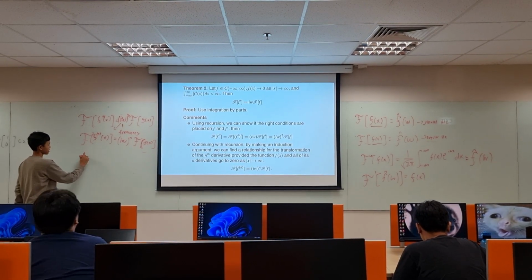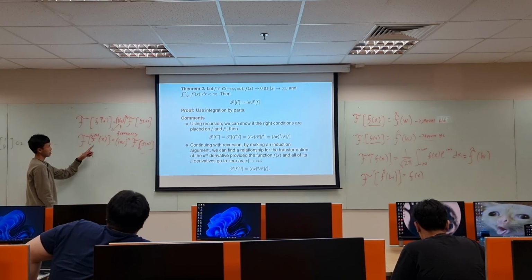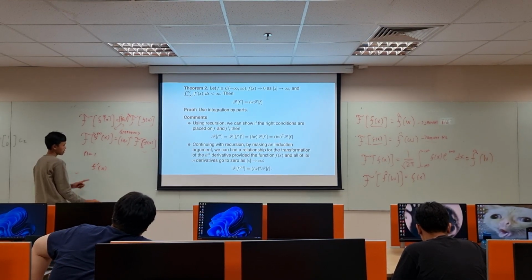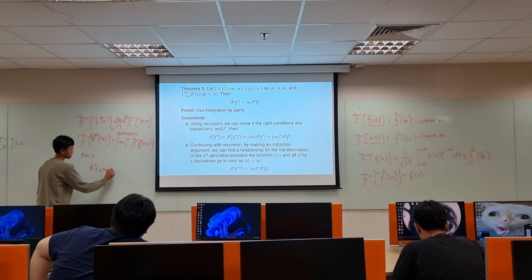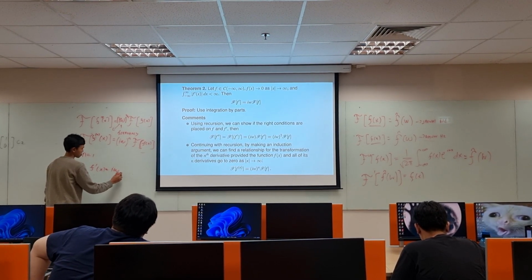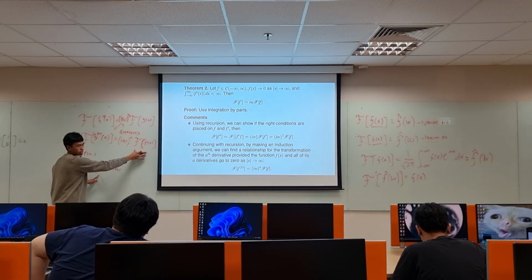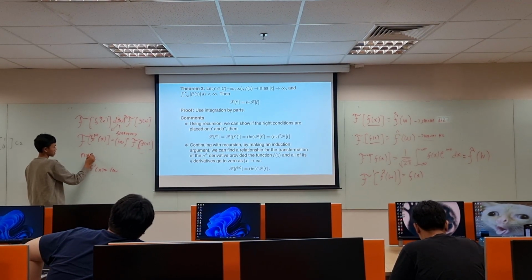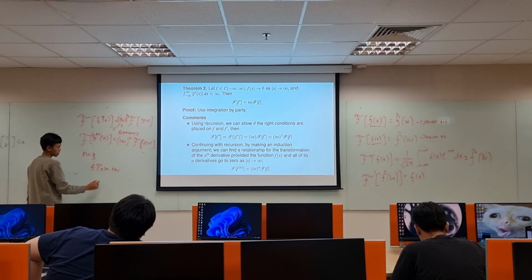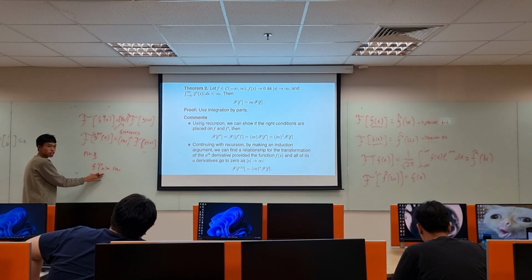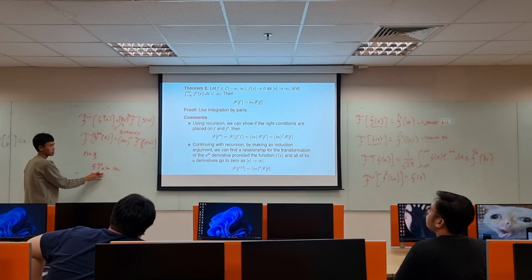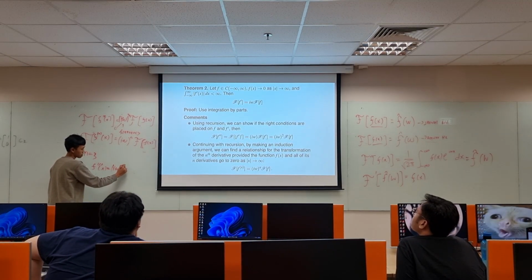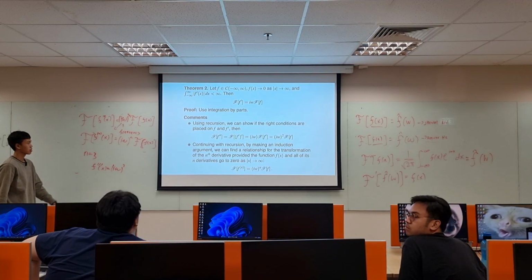If n is 1, like f prime x, it's going to be i omega. If n is 3, the third-order derivative, we can use this form.